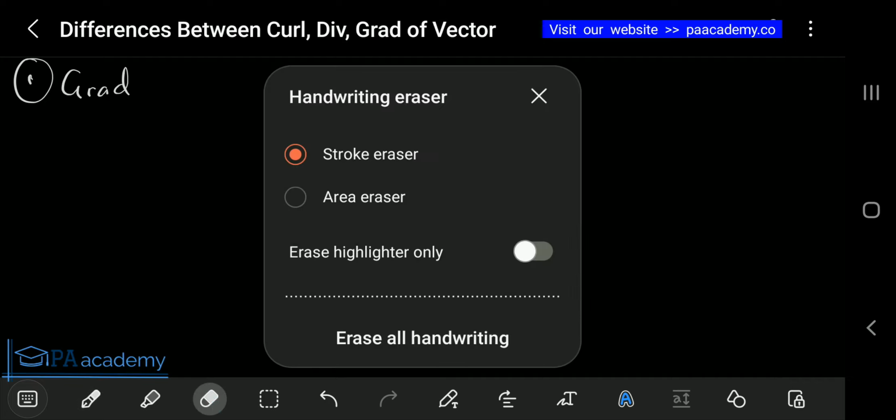So now let's look at number one. If you are dealing with grad, the first thing you need to know about each of these is their notation. So for grad, the notation is always like this. Throughout this video, let's represent our function, whatever it is, as phi.